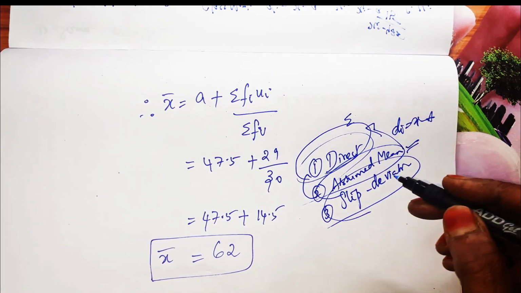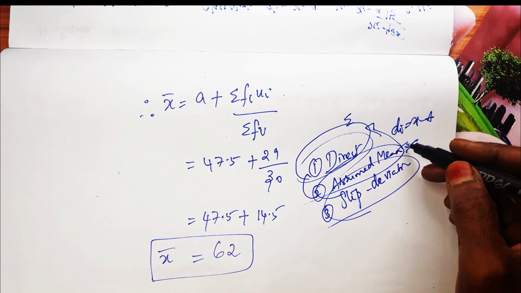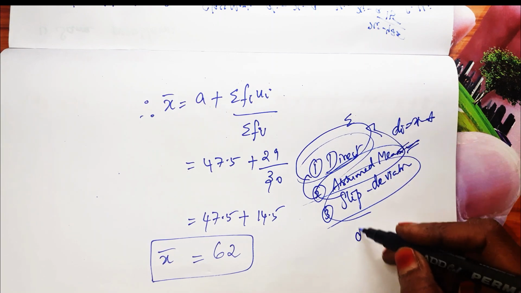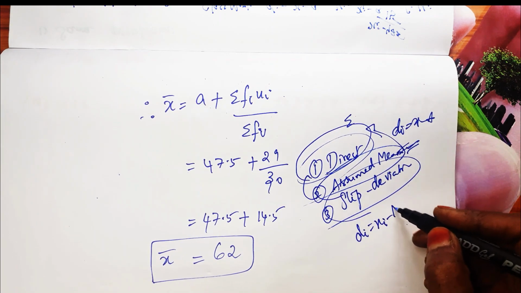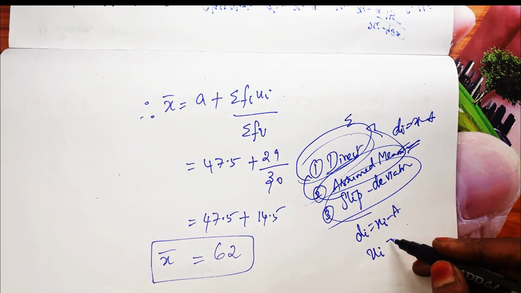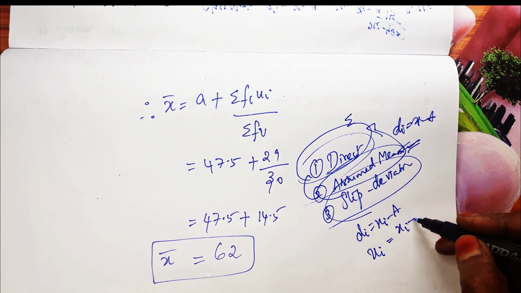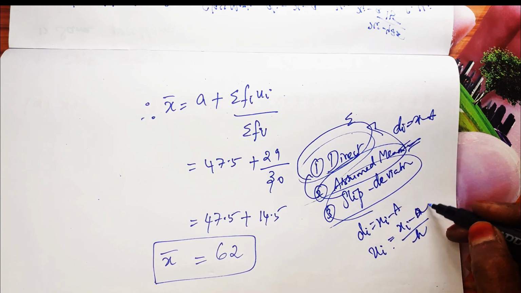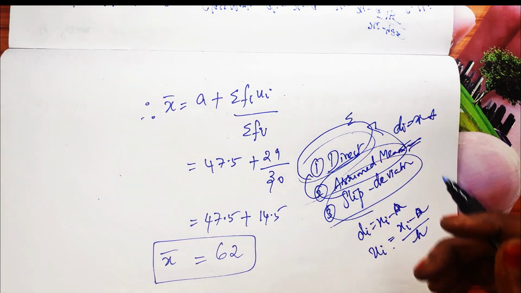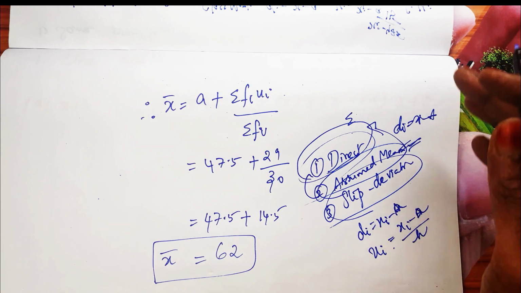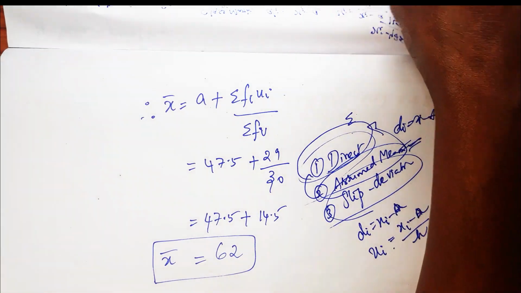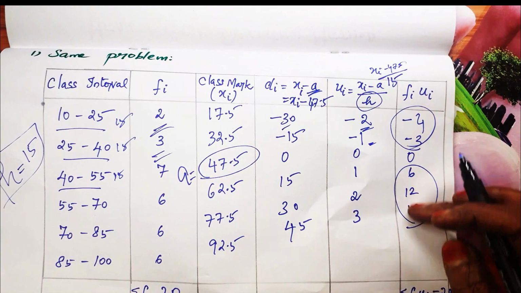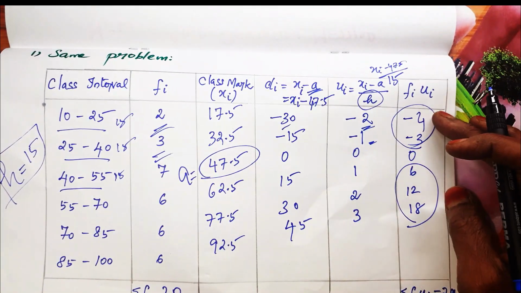Come to the step deviation method. Here we are reducing further. Di is equal to Xi minus A, but here the other formula we have is Ui is equal to Xi minus A by h. So furthermore we are reducing. See the calculation here: only single digit values when we multiply Fi Ui.